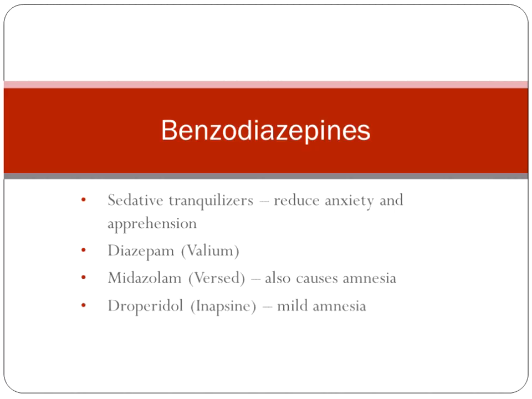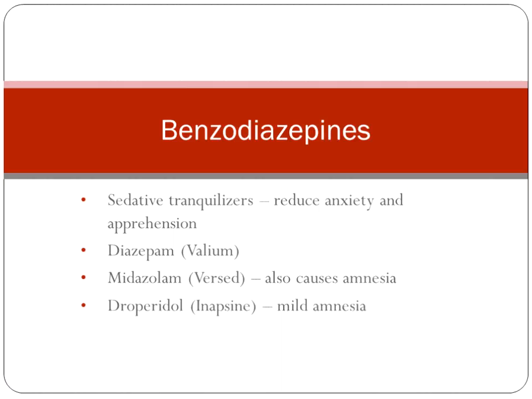Benzodiazepines are your sedatives, tranquilizers. They reduce anxiety and apprehension. Diazepam or Valium is not frequently used in the operating room. Typically, some people are instructed to take this at home prior to coming in.